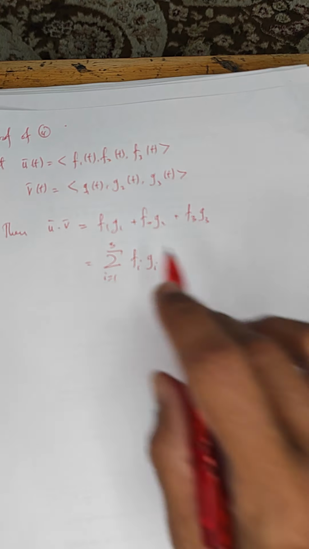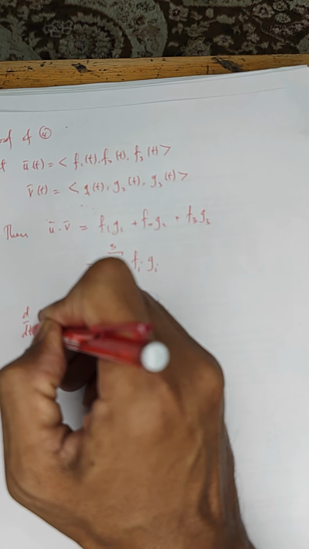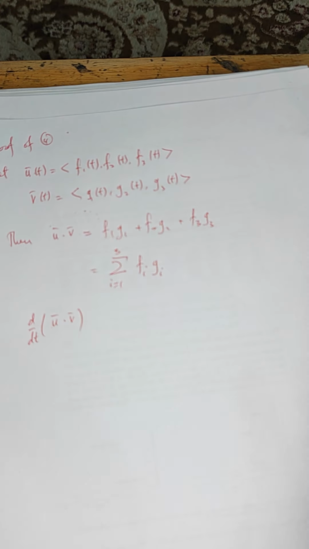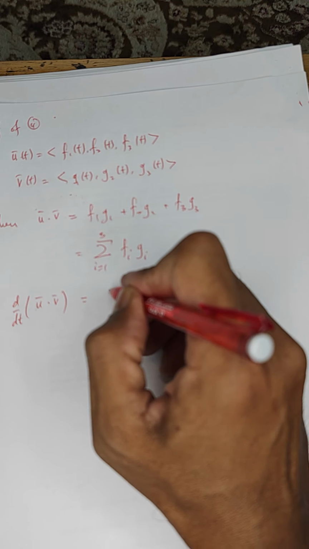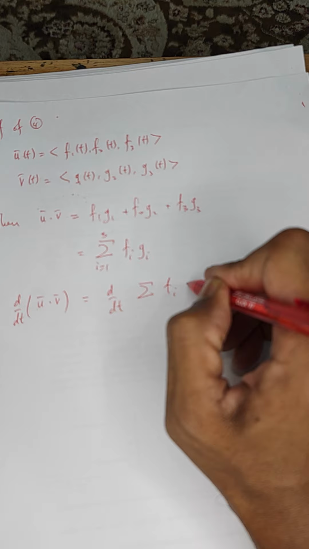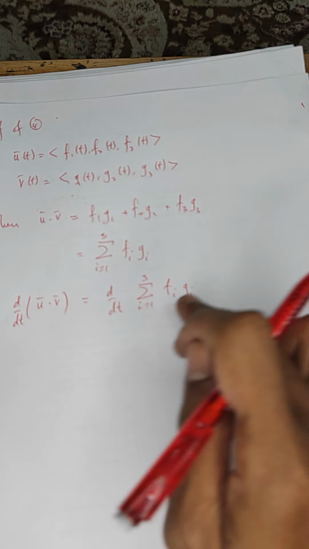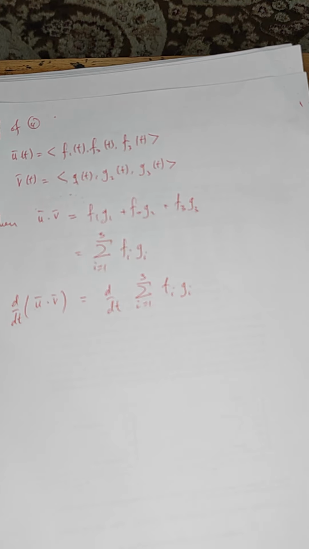So then if you differentiate this with respect to t, so d/dt of u dot v, which means we differentiate d/dt of the sum of f_i g_i, the components of the vector functions of t.